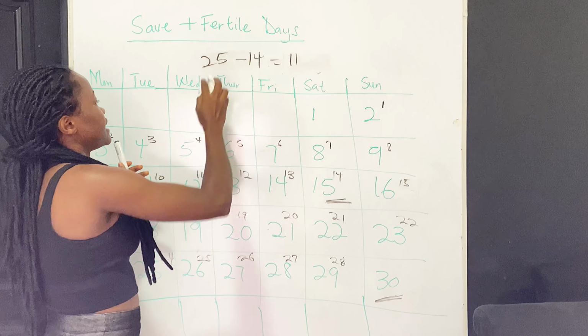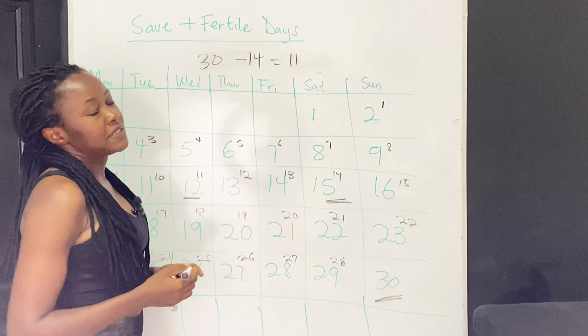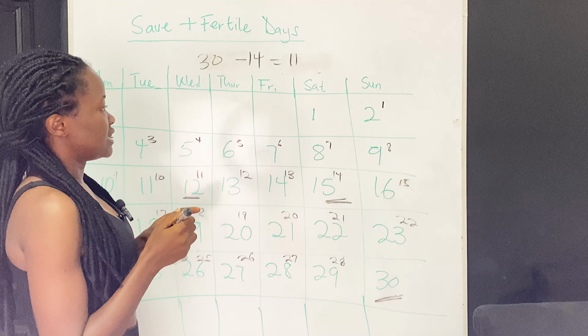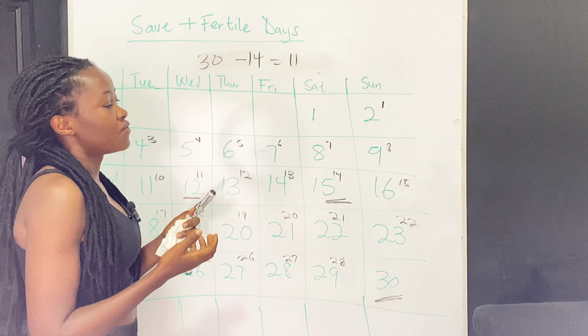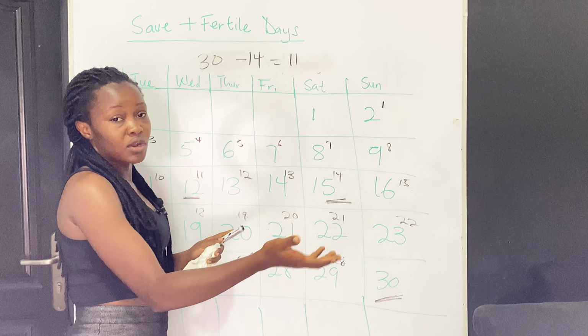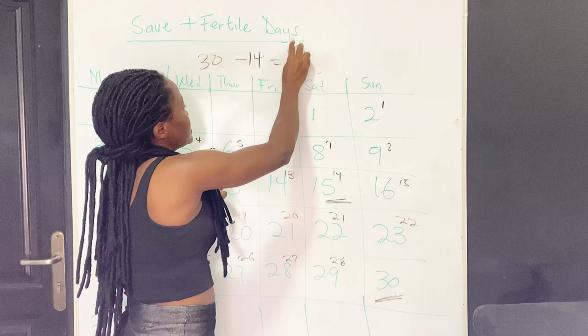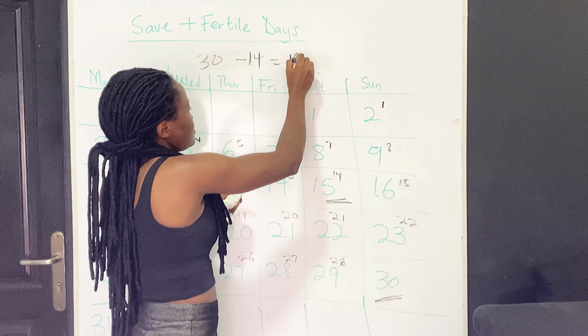If Priscilla has, let's say, a 30-day cycle, right? 30-day cycle minus 14, we are subtracting 14 because ovulation happens 14 days before your next menstrual cycle. So minus 14, we are going to get 16.